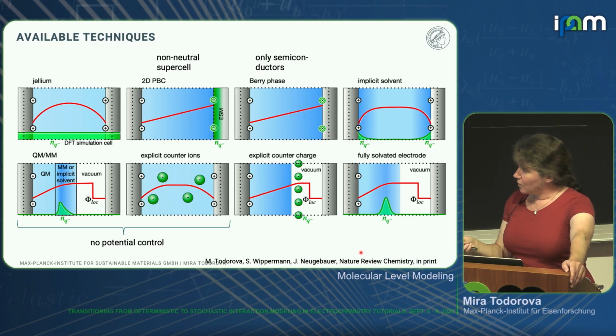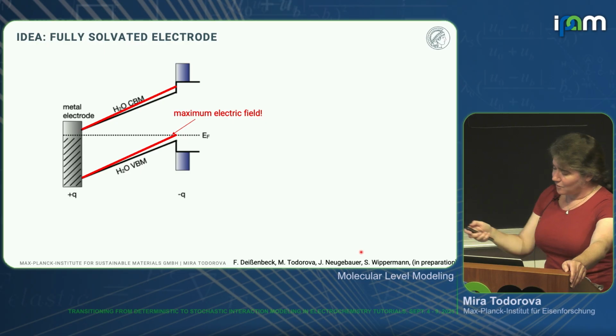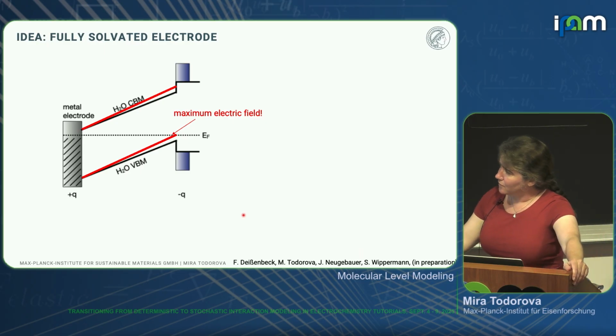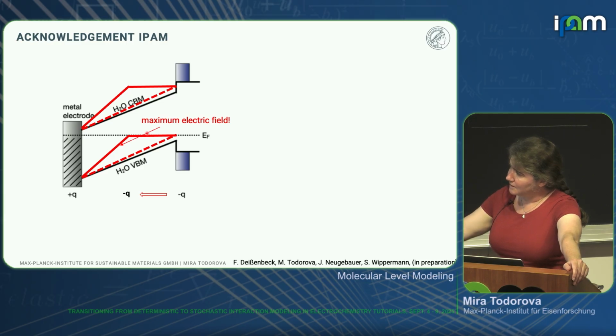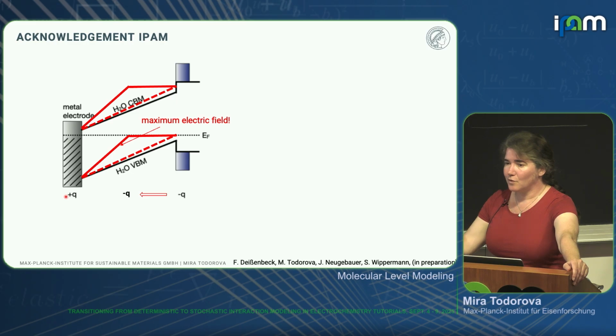What would this mean in terms of the picture that I showed before with the maximum electric field? So basically the idea is we bring our electrode closer so that we have here the potential drop that we would like to have. This will still be screened by water.